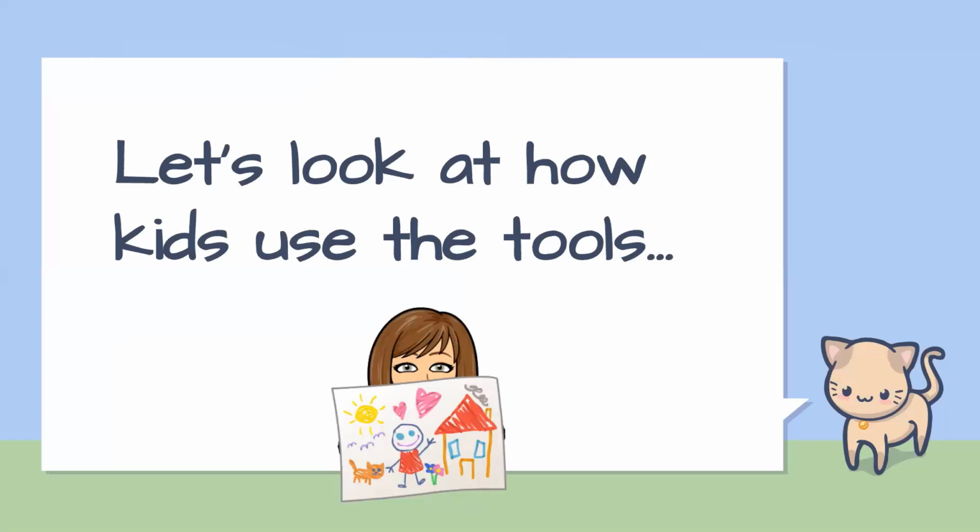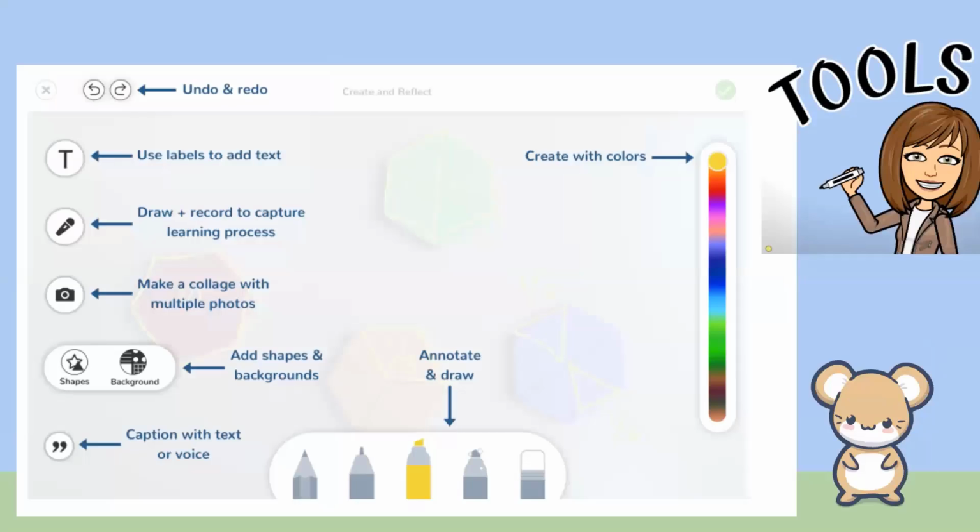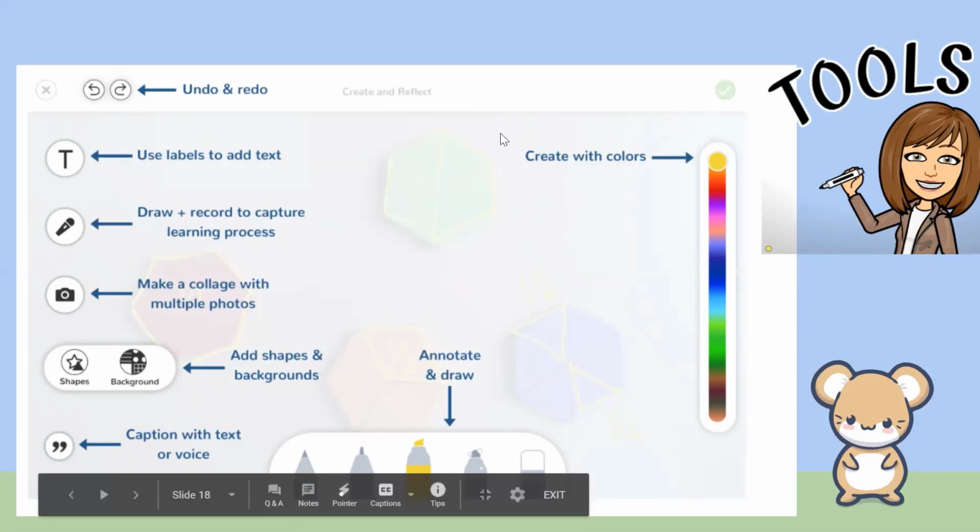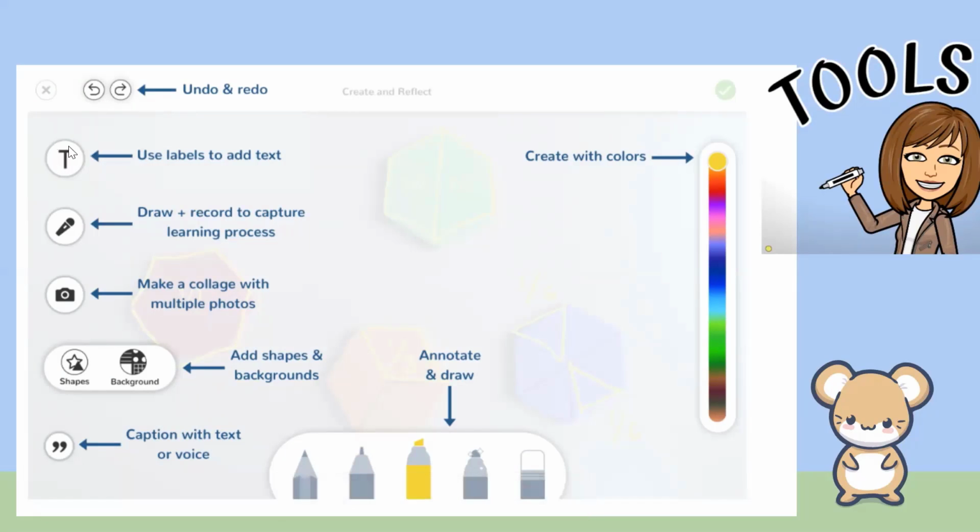Okay, so now let's look at how kids are going to use these tools. When there is a template that's uploaded, the kids are going to have access to these tools. Of course, we have undo, redo. This creates a label, which is kind of fun because kids can change the font and the color and get creative with it.